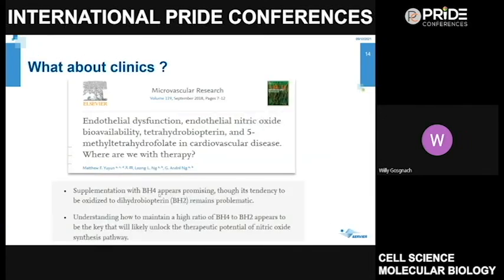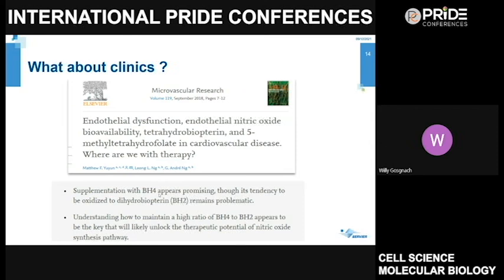This is not something totally new, because in the last two decades, there were a lot of clinical trials to supplement with BH4. Some of them injected BH4 directly in the coronary circulation. There were also trials for supplementation by the oral route.